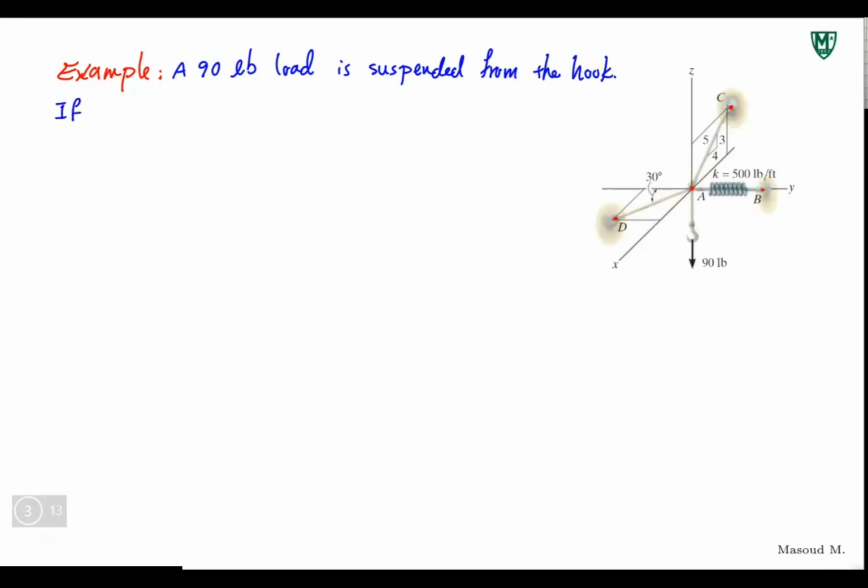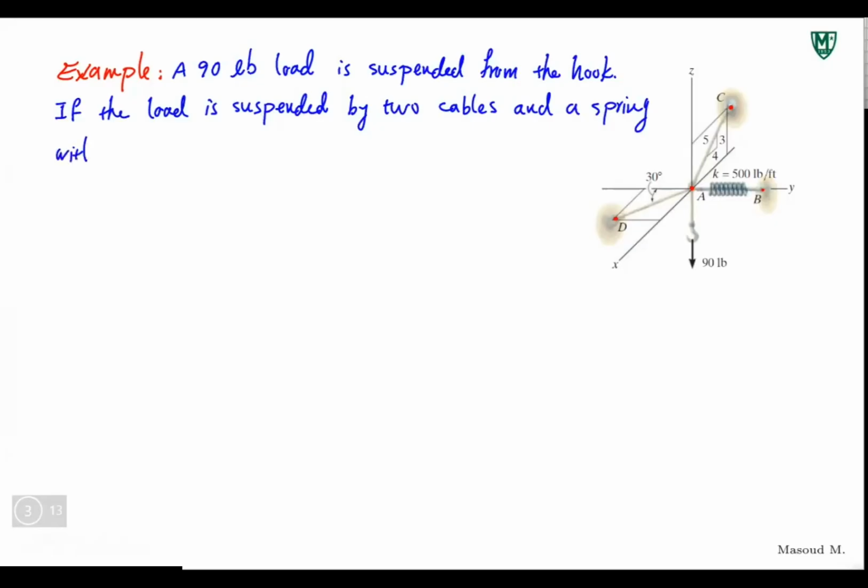Now, if the load is suspended by two cables and the spring, with the stiffness, all the stiffness is given on the figure, with the stiffness K being 500 pound over foot.